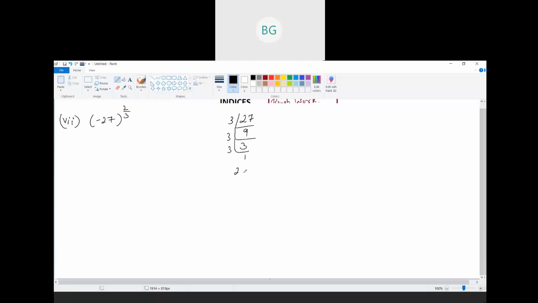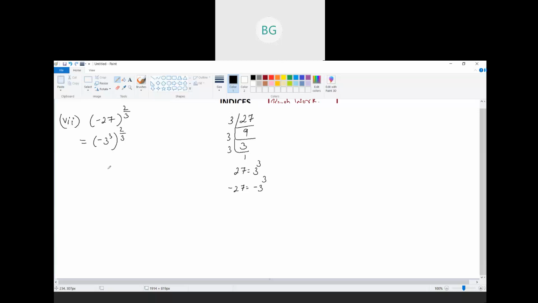So 27 can be written as 3 to the power 3, and minus 27 can be written as minus 3 to the power 3. So we will replace minus 27 with minus 3 to the power 3, and then 2 by 3 as it is.